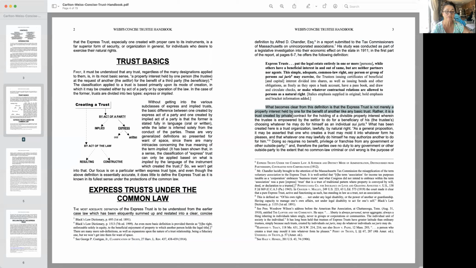Rather, it is a trust created by private contract for the holding of a divisible property interest, wherein the trustee is empowered by the settlor to do for a beneficiary of his, the trustee's choosing, whatever he may do for himself as an individual sui juris. What has been created here is a trust organization, lawfully by natural right.